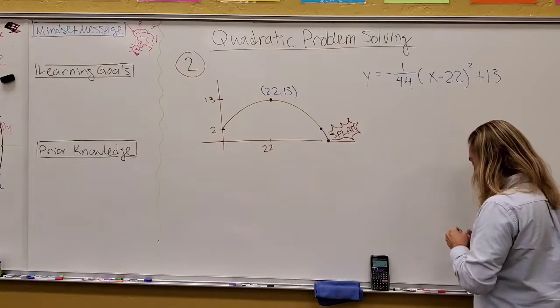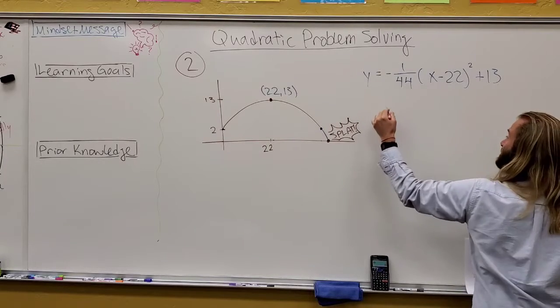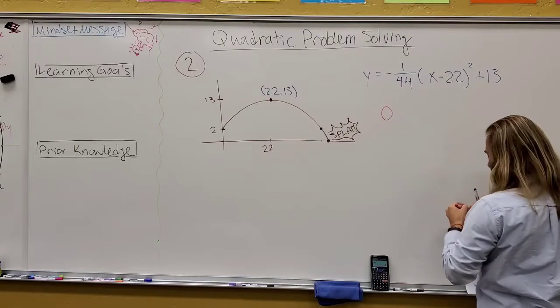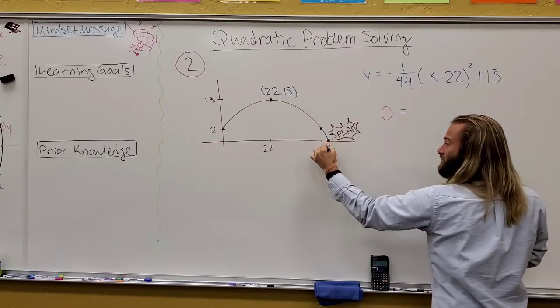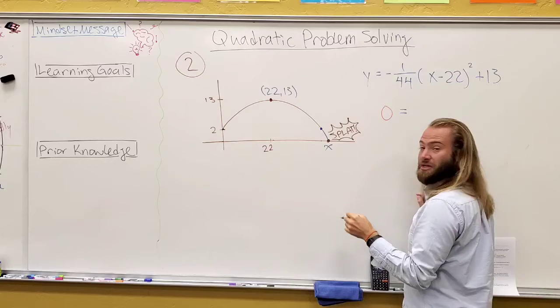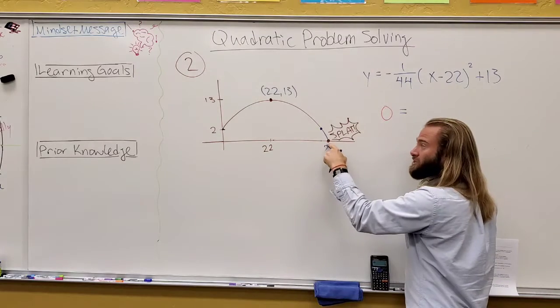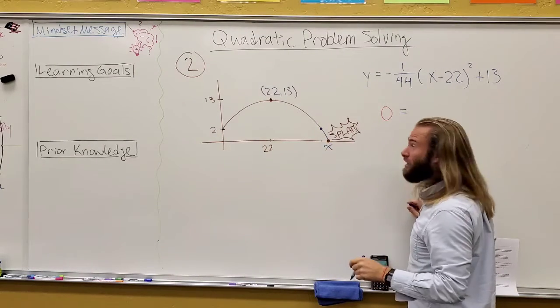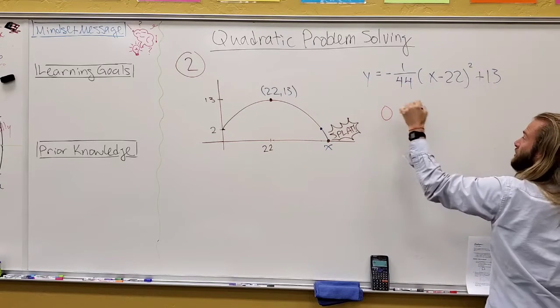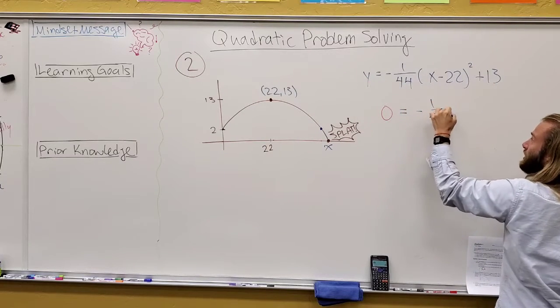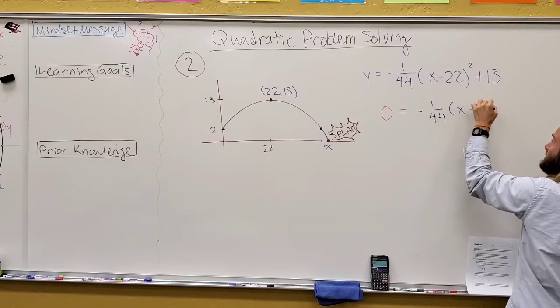So really what we're trying to do here at this point is figure out, if y equals 0, what is the x value? Because we don't know what that x coordinate is going to be, but we do know that we want the x coordinate that happens when y equals 0. So we can just plug 0 in for y and then solve this equation for x, and again we're going to use backtracking to do this.